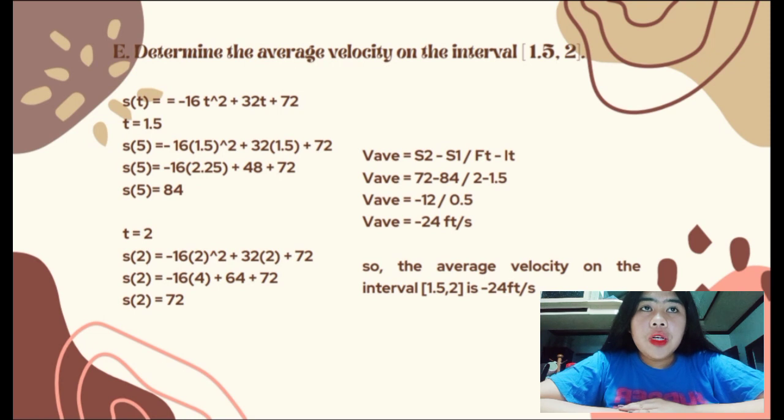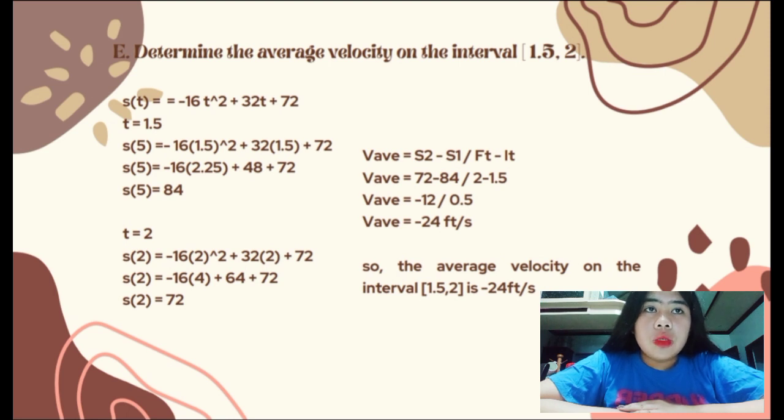In letter E, determine the average velocity on the interval 1.5 and 2. So the equation of the position is equal to negative 16t squared plus 32t plus 72. The t is equal to 1.5 seconds. So we need to substitute the 1.5 into the equation.